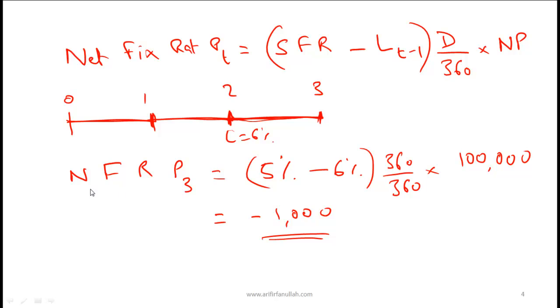So the fixed rate payer has to pay minus 1,000. The minus simply means that now on this day the fixed rate payer will get 1,000. So if the payment is negative 1,000, that means that the fixed rate payer is receiving 1,000, and it's actually the floating rate payer who needs to make the payment. So this is the formula, and as you can see, the formula is fairly straightforward.